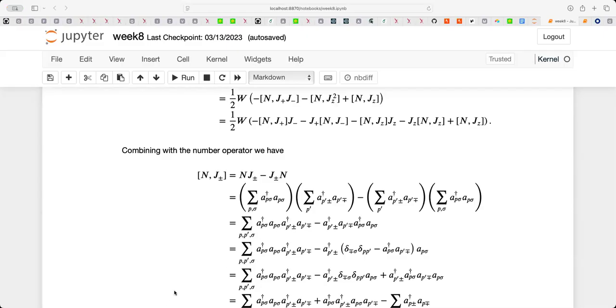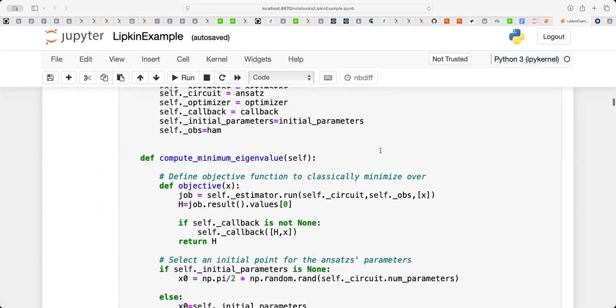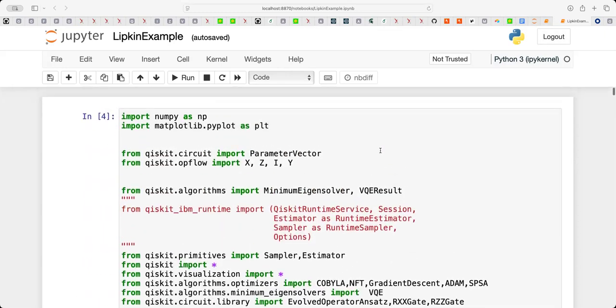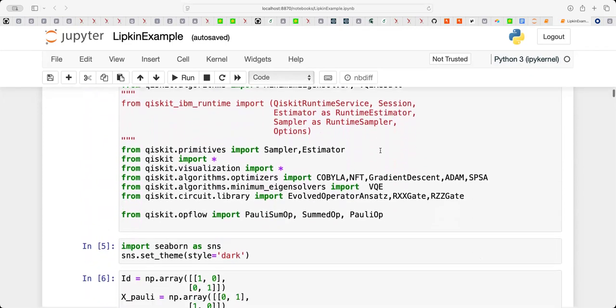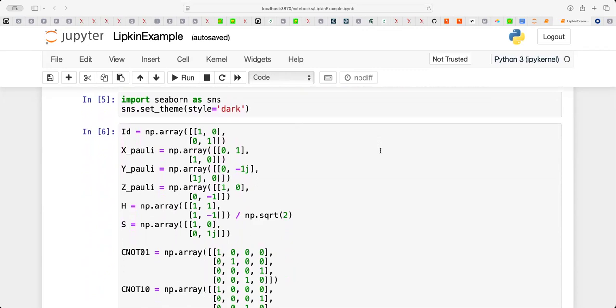Okay, so let's just look at the code which we have here. So one of the things you can do, if you want to test things with Qiskit, is possible, but when you write your own code, you should actually have everything written out in terms of the Pauli X, Y, and Z matrices.